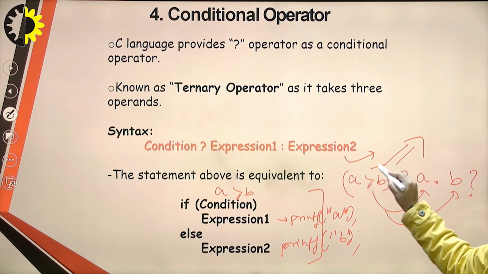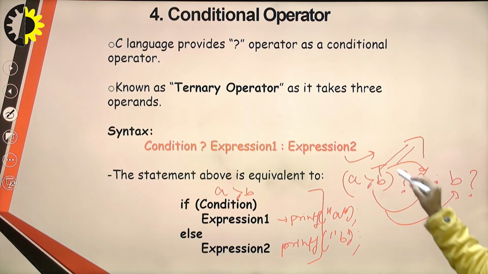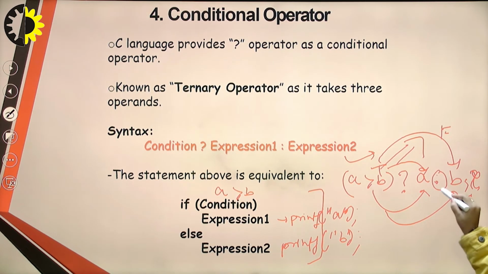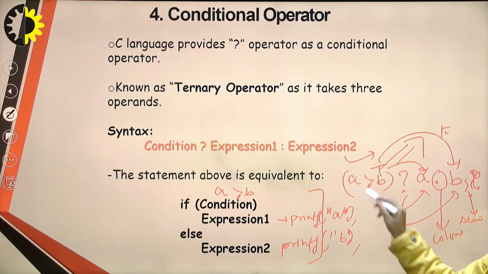If this condition is true, then it would return this. Else, if this condition is false, it is going to return this. Here we have a semicolon, and these are the colons. This is the semicolon, this is the question mark, and this is our condition.